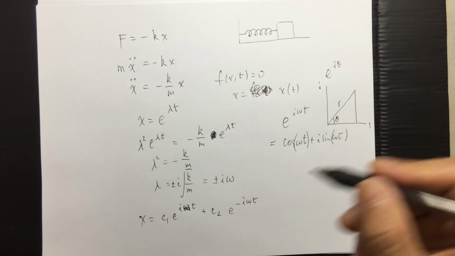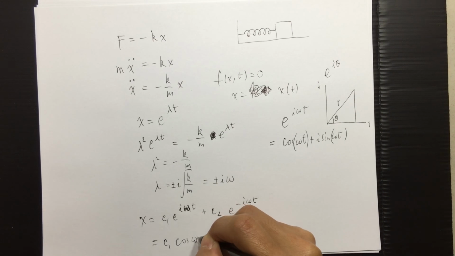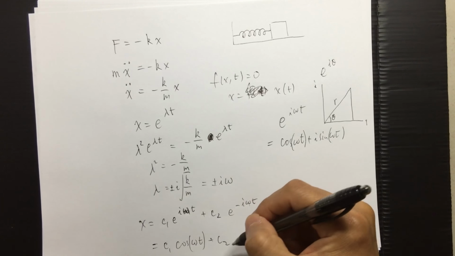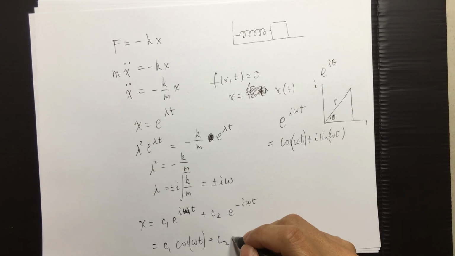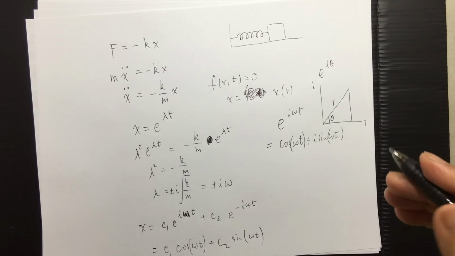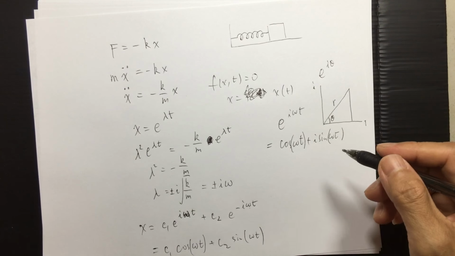You don't care. It equals C1 cosine omega t plus C2 sine omega t. These are different C1 and C2, obviously. Some kind of a mixture. Now we just take a look at sine omega t and cosine omega t.